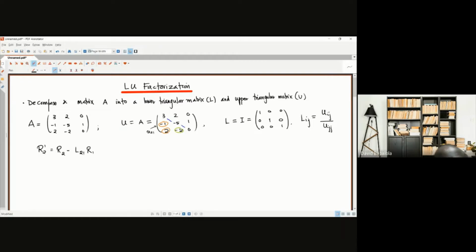Now, what's our L21? L21 by this expression will be U21 over U11. So that gives us minus 1 over 3.